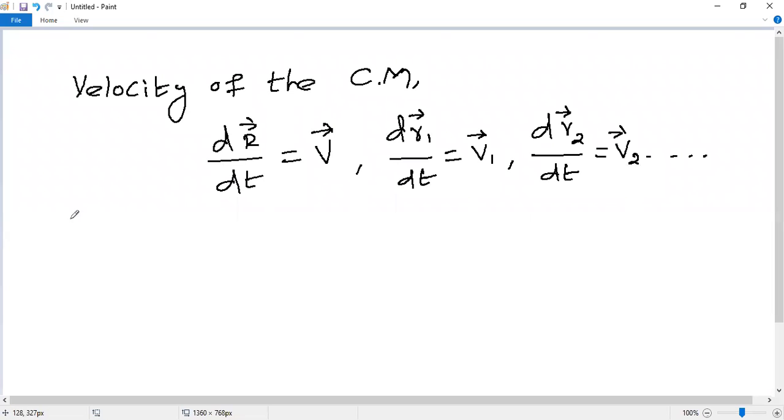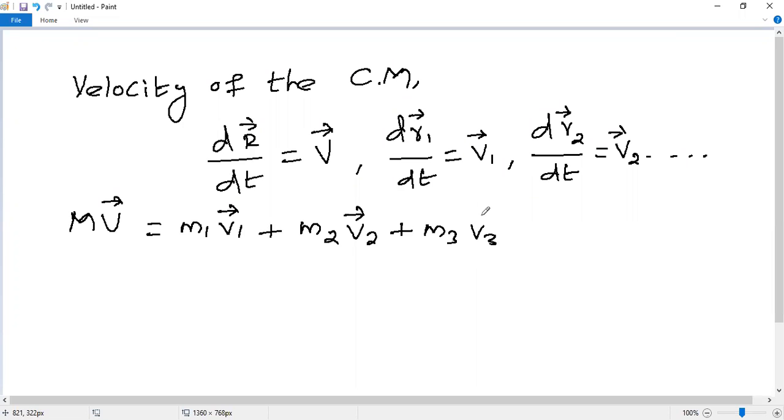Then I will get M V vector equal to m1 v1 vector plus m2 v2 vector plus m3 v3 vector plus up to mn vn vector. This is equation number 3.